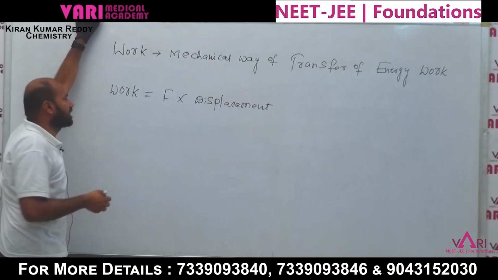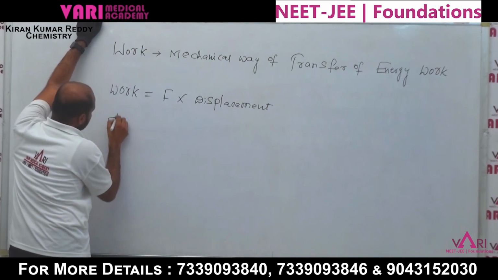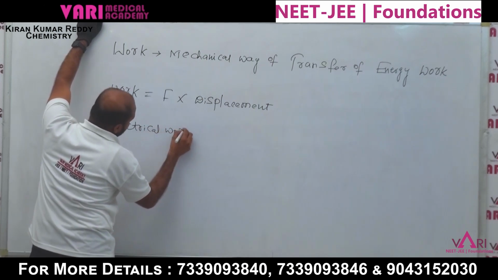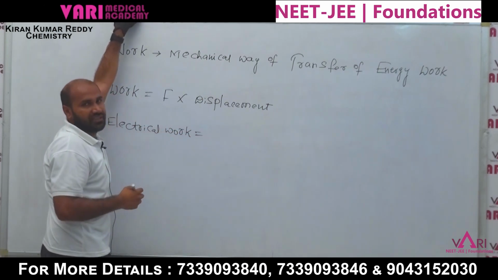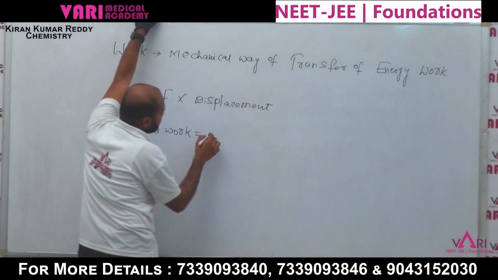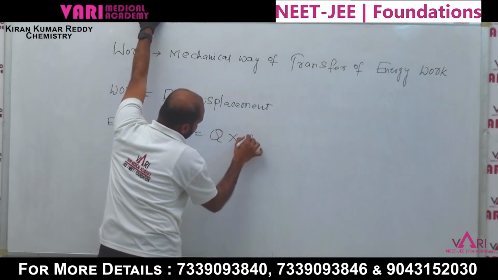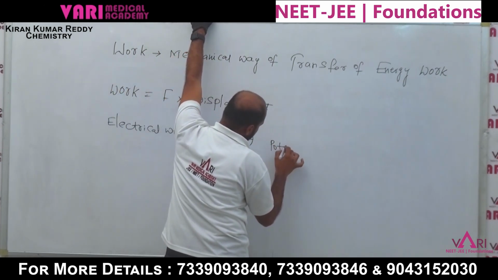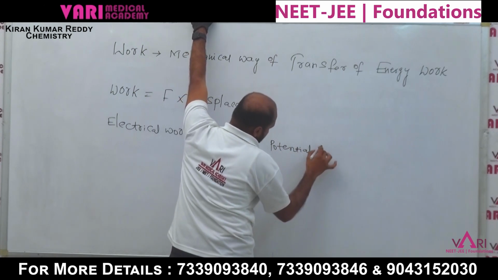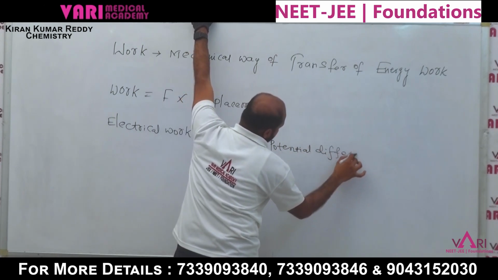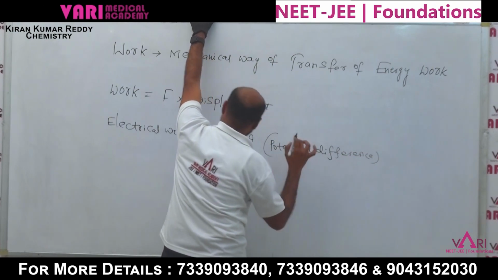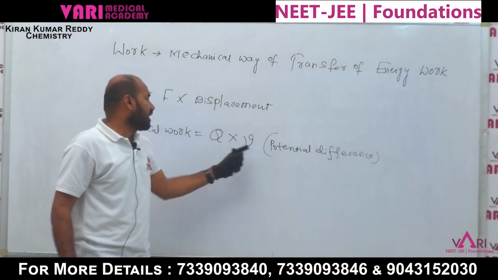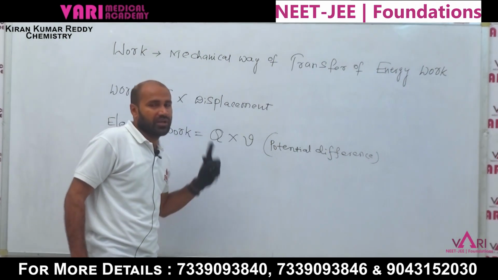There are different kinds of work. For example, electrical work. In physics, electrical work means Q into V, where Q is the charge and V is the potential difference.